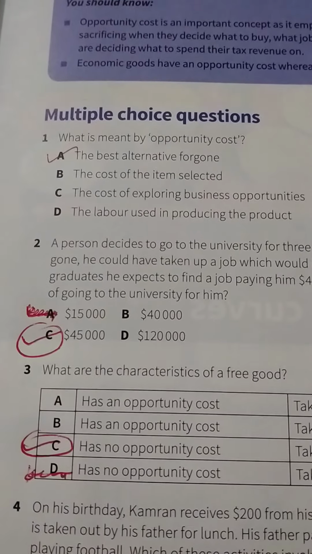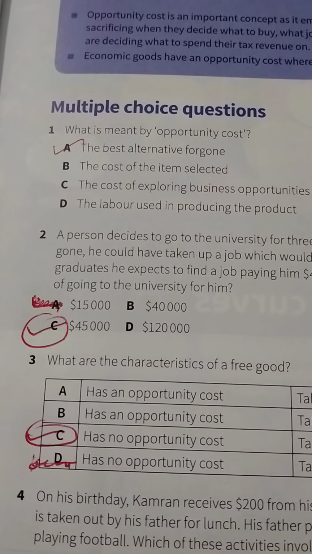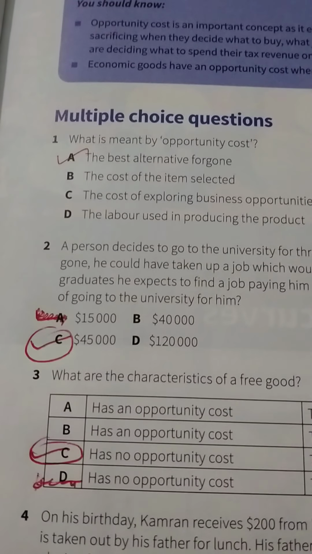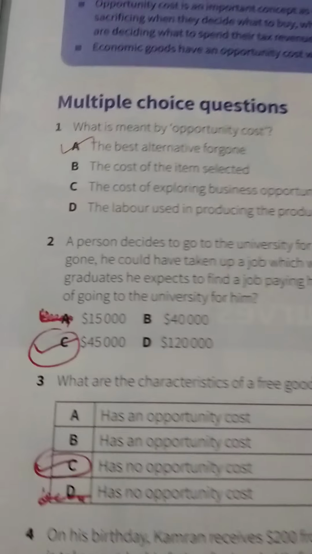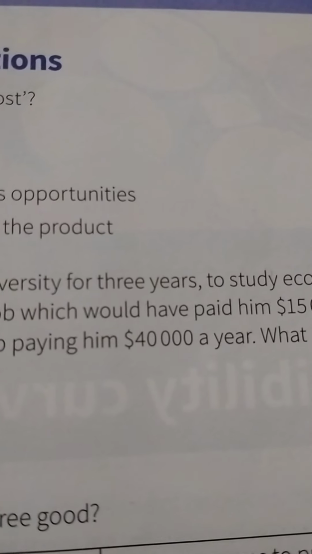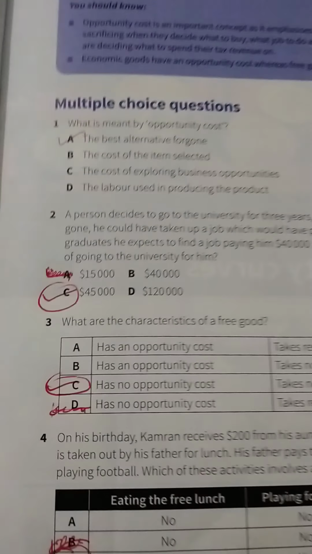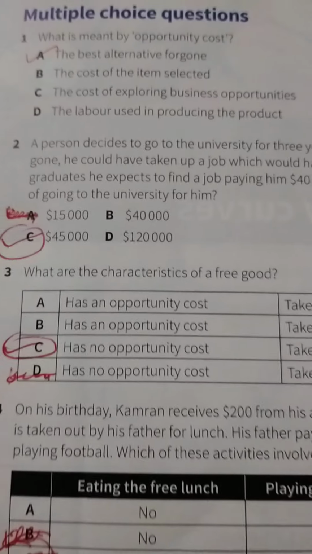For each year, 15,000 multiplied by 3, $45,000 he has sacrificed for these 3 years. So not a big deal, because when he graduates, he is expected to get a job at $40,000. Who knows, maybe more than that. So question number 2, C is the correct option.